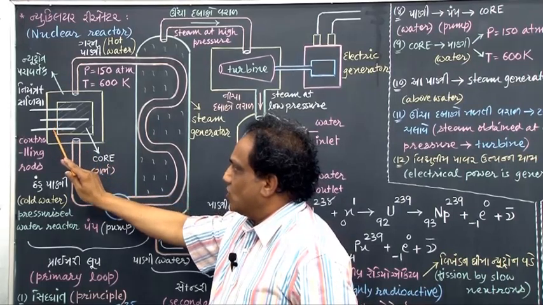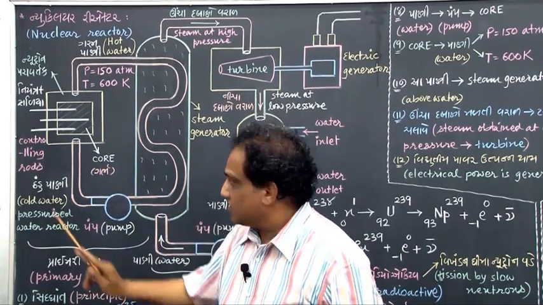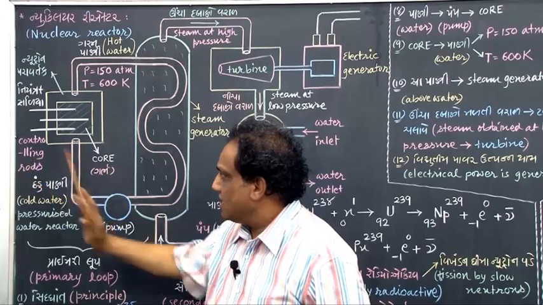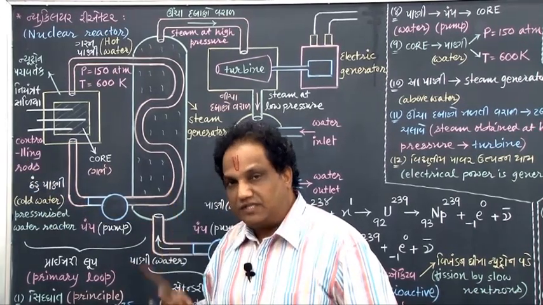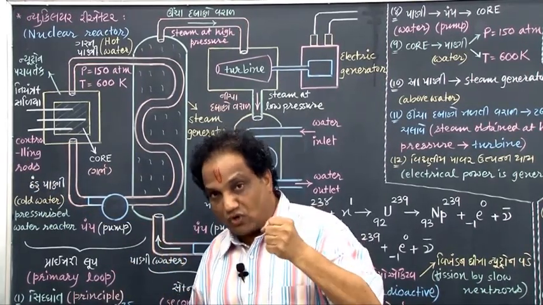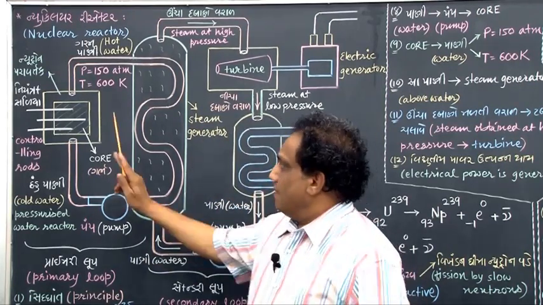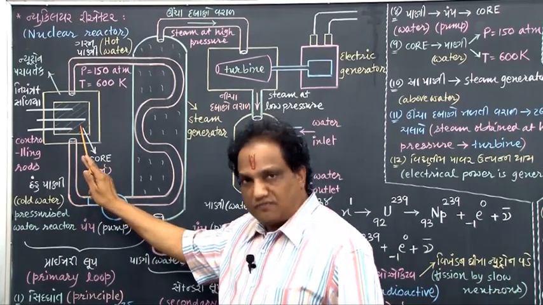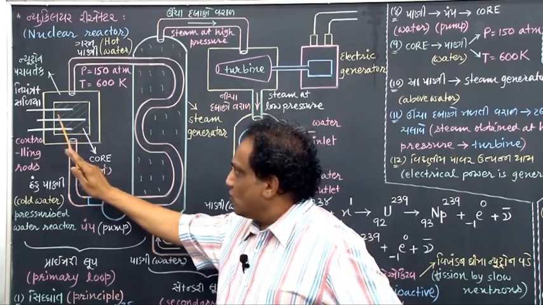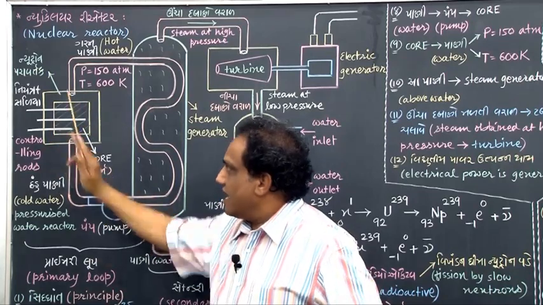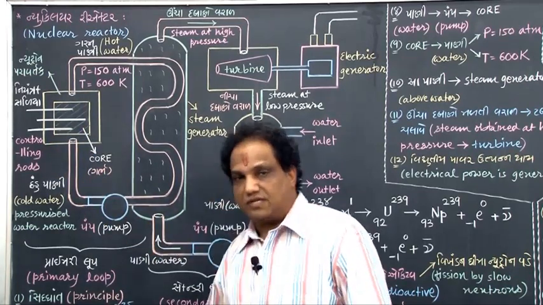Now, what are these? These are the controlling rods. Last time we had discussed them. They are used for controlling the number of neutrons. They are made up of cadmium and boron. They are kept in this fuel. Surrounding this core, we have moderators and neutron reflectors.